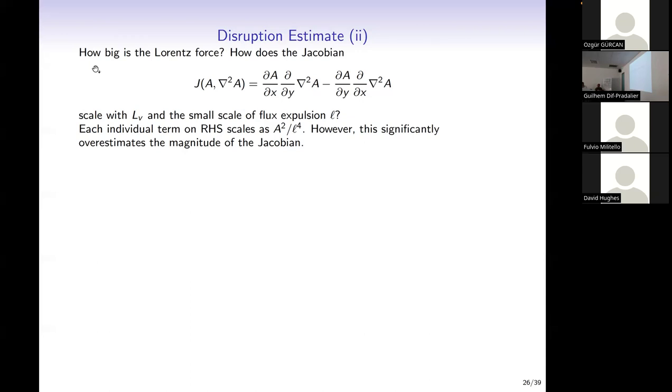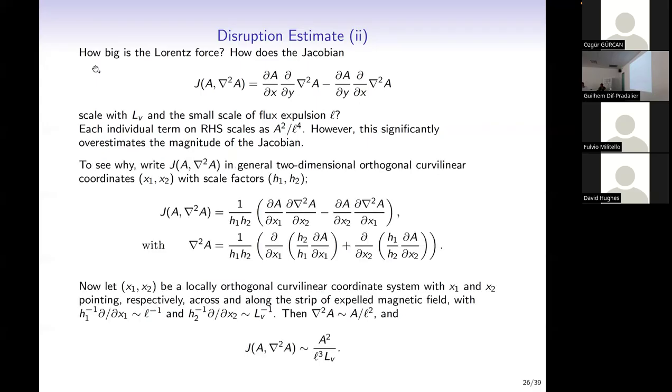So this term should look like A squared over little l to the fourth, where little l is related to big L through the magnetic Reynolds number in a way that we just saw. And that is true. This term does scale like A squared over l to the 4. And this term, steady, also scales like A squared over l to the 4. The difference between them does not scale as A squared over l to the 4, which is, of course, what you want. So this is not the best way of doing it.